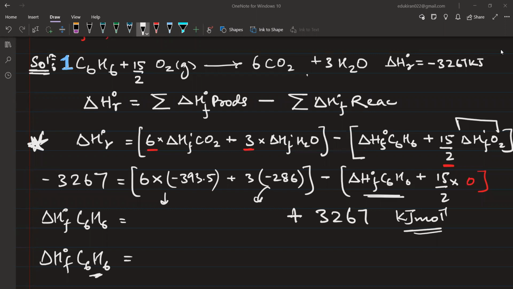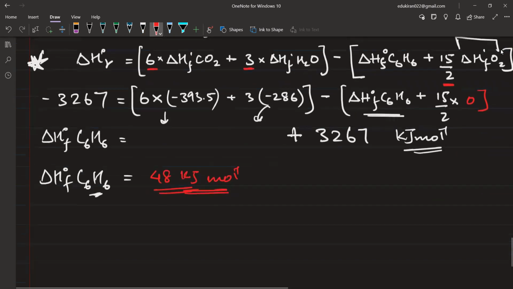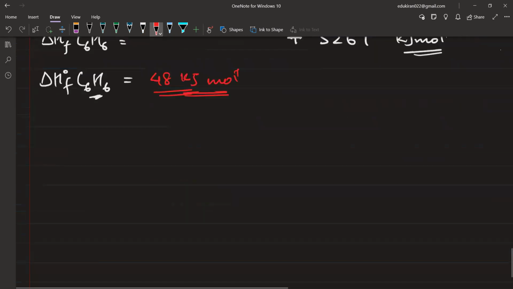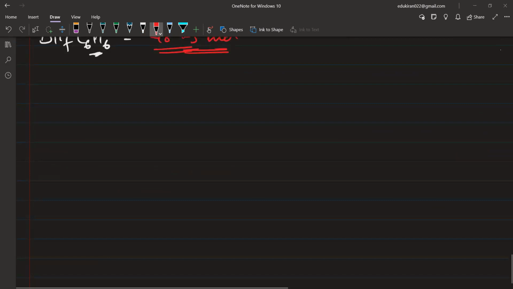See, the answer you will be getting is 48 kilojoule per mole. Now write another question. 48.51 is coming, it will be 48.51. Okay then. I don't know the exact value, but I remember it is 48 kilojoule per mole.